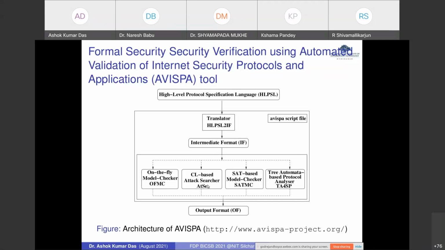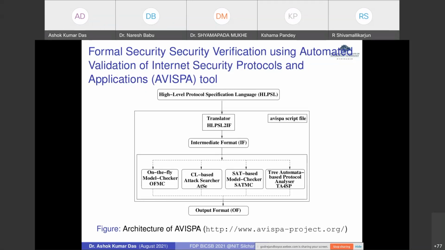Now, if the scheme is insecure, it will also give the trace showing where the attacker is able to modify some part of the message content so that the scheme becomes insecure. Therefore, this is a very powerful tool that will detect whether there is any attack in your scheme or not.